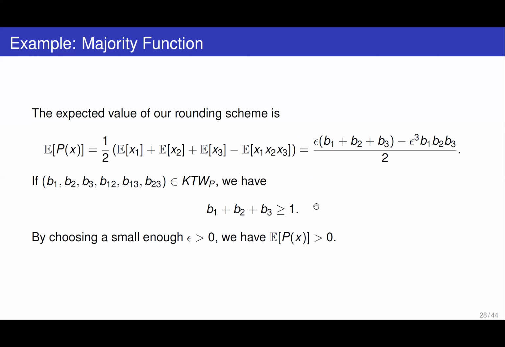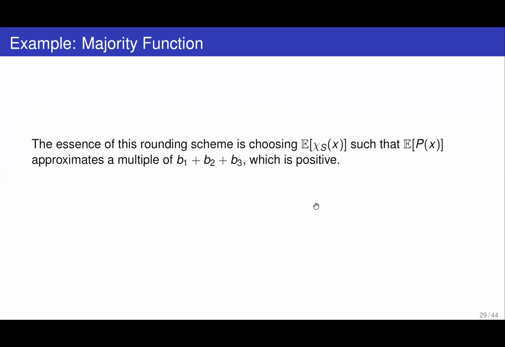So by choosing a small enough epsilon, the degree 3 term can be made arbitrarily small compared to the degree 1 term, and we will have a positive value for the expected value of P of x. The essence of this rounding scheme is choosing the expected value of the monomials such that the expected value of our rounding scheme approximates a multiple of the linear sum, which is positive.